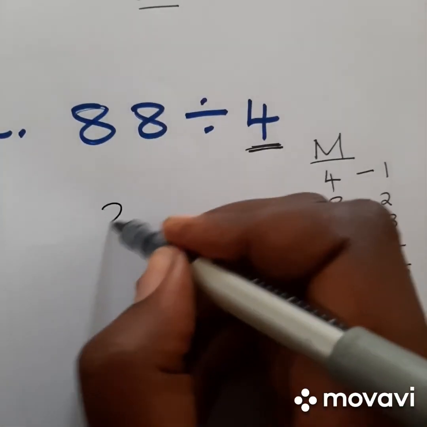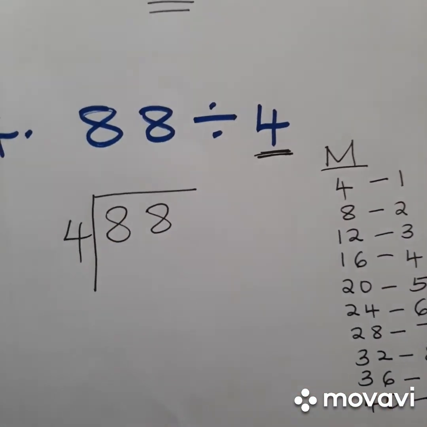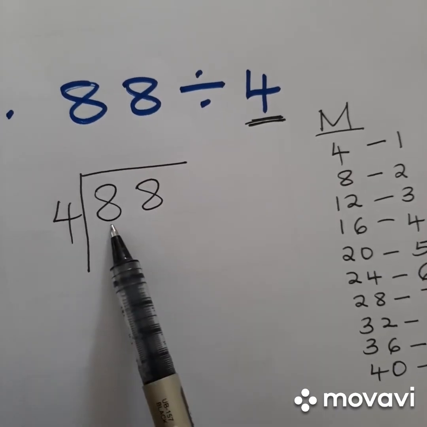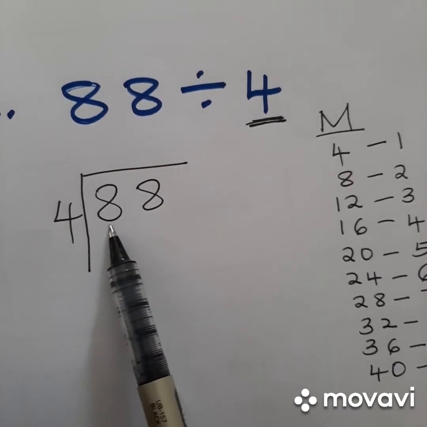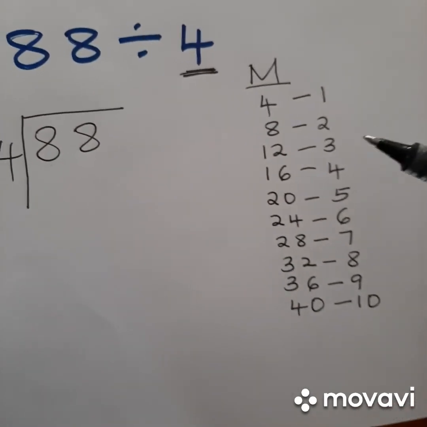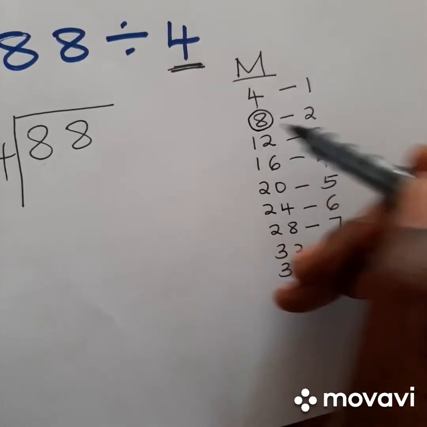Okay, so we go ahead and do 88 divided by 4. So we ask ourselves, how many times can 4 be in this 8? We come and look for 8 here. So 8 is here. We find it there.